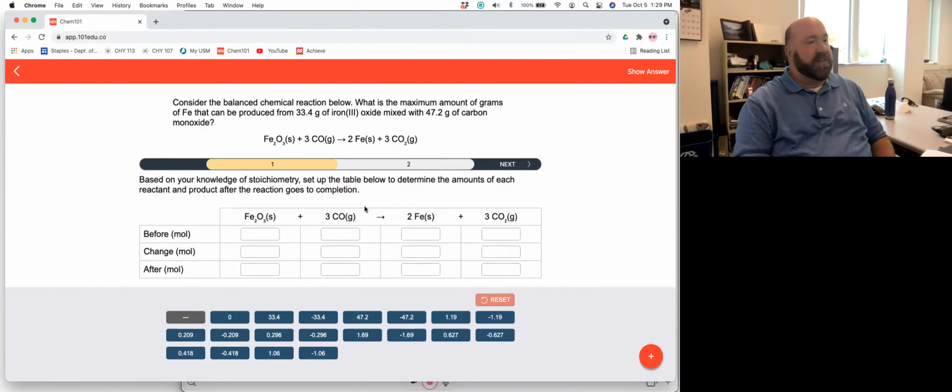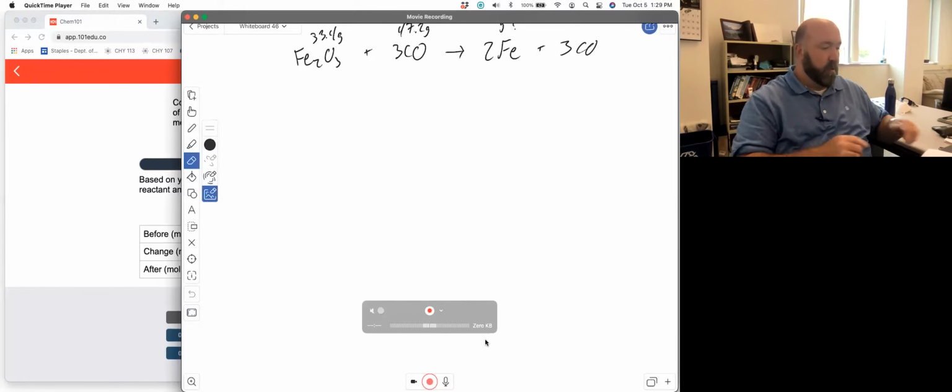The way that these BCA tables work is before, change, and after. You put your starting amount in moles along this first row. Just the same way that we did before, we're going to convert our amount of iron 3 oxide over to moles.